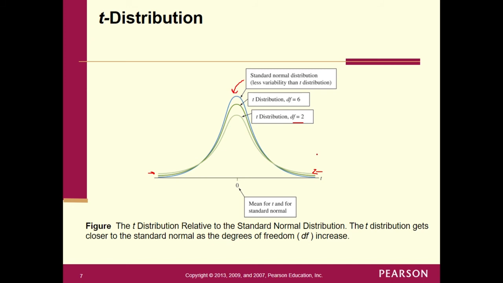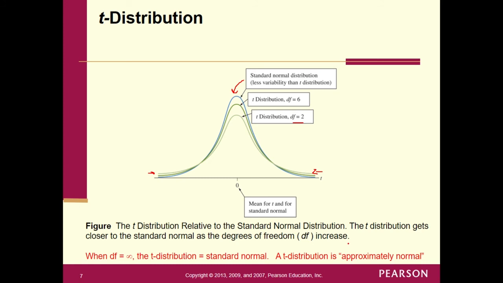Okay, 2 degrees of freedom, 6, and just imagine if 30, 50, 100 degrees of freedom. It's getting closer and closer to the standard normal. So here, the t-distribution gets closer to standard normal as degrees of freedom increase. And what I told you a couple of sections ago, when degrees of freedom is equal to infinity, the t-distribution is equal to the standard normal.